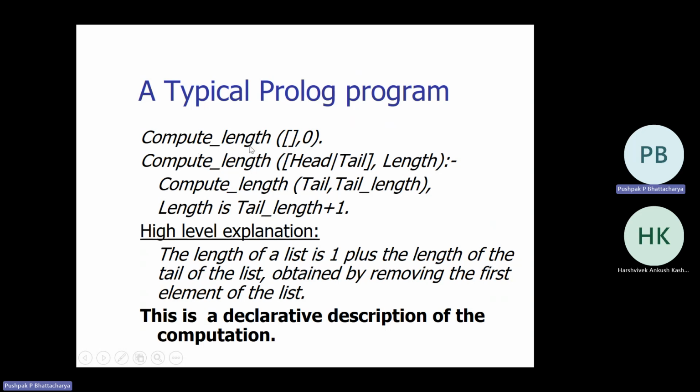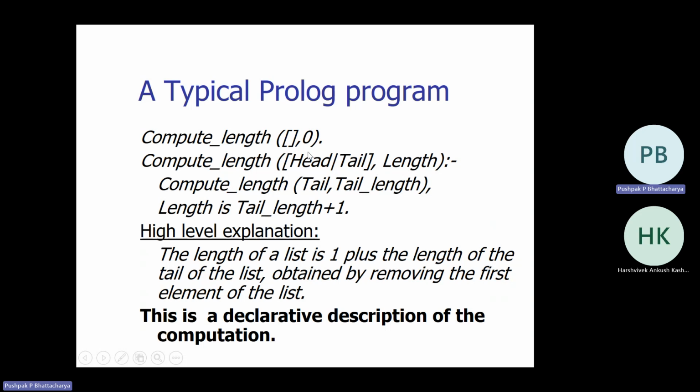So this is done recursively as follows. Compute length of the empty list is 0. This is how Prolog functions are written. Compute length of the empty list is 0, which means the length of the empty list is 0. Compute length of head bar tail. This is called the break operation. A list is broken up into two parts by this operation.